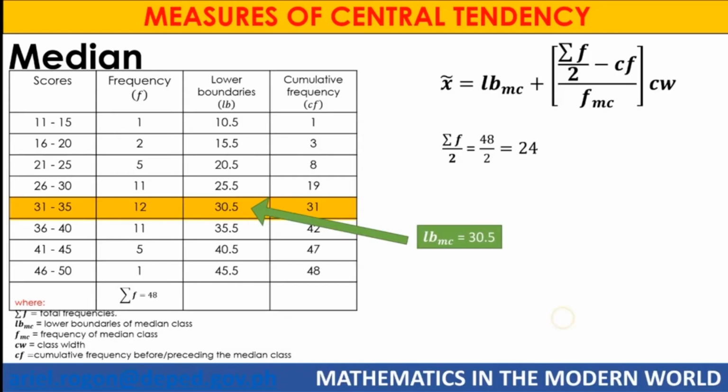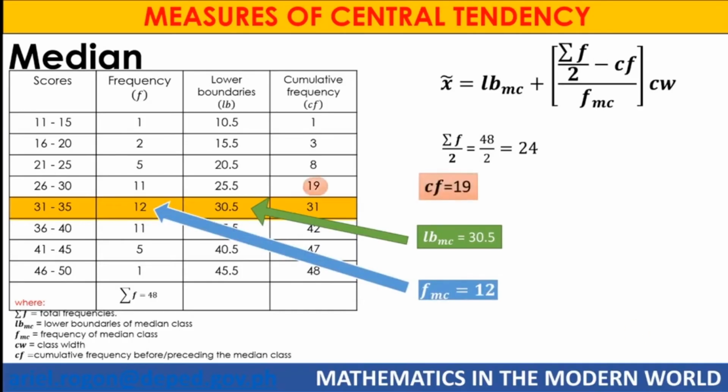Okay. Next, after identifying the lower boundary, we have the frequency of the median class, which is the 12. So 12 there is the frequency of the median class. Next thing we're going to do is to identify the CF, wherein CF means the cumulative frequency before the median class.